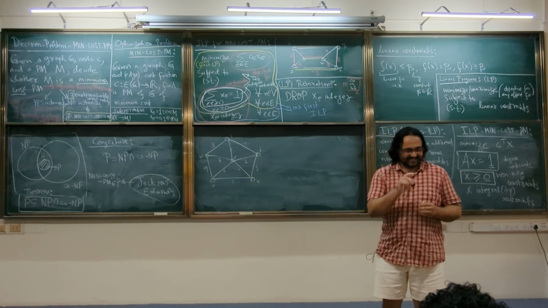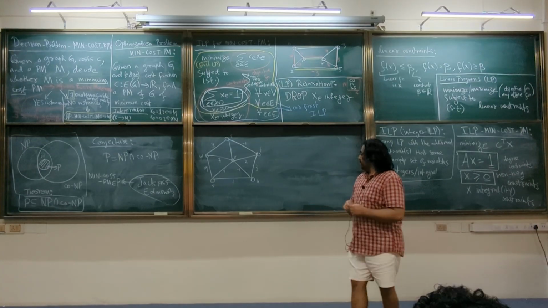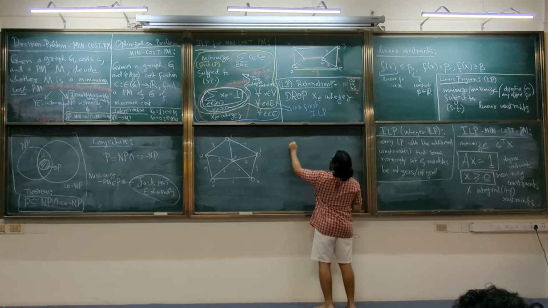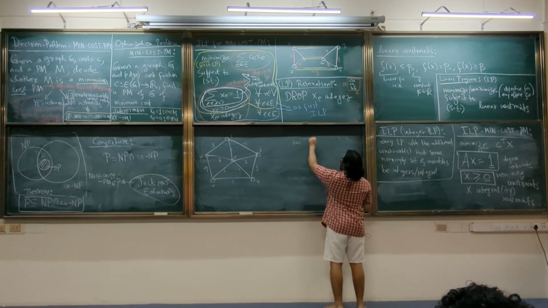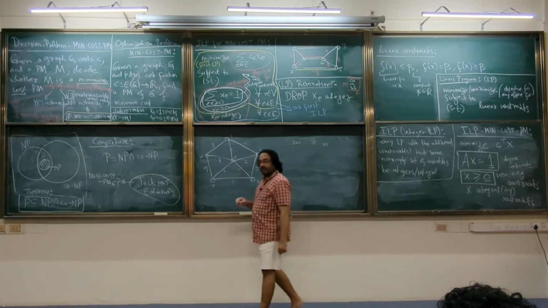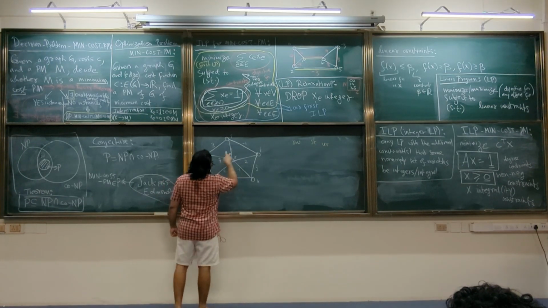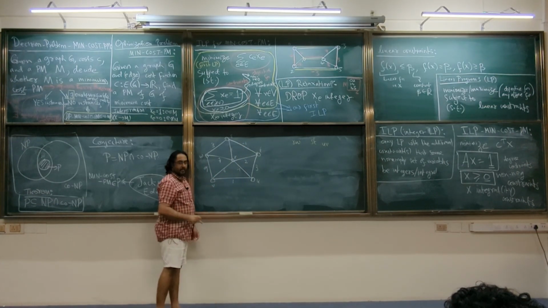Get it? Yes. Good. RW, ST, UV. 7 minus 1, 6 plus 1, 7.